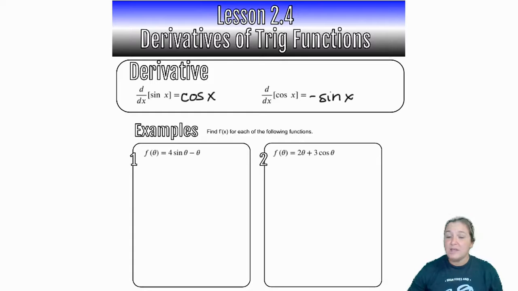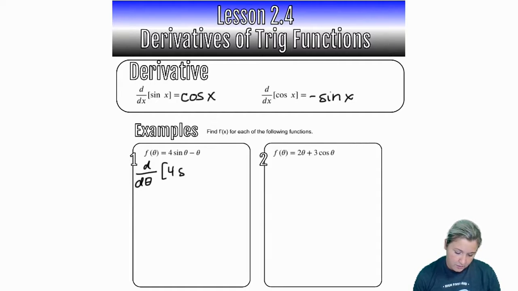All right, so now the easy part is doing the example. The long part is already over. We want to find the derivative with respect to theta. So I want to find d d theta of 4 sine theta minus theta. That's another way to write finding the derivative.